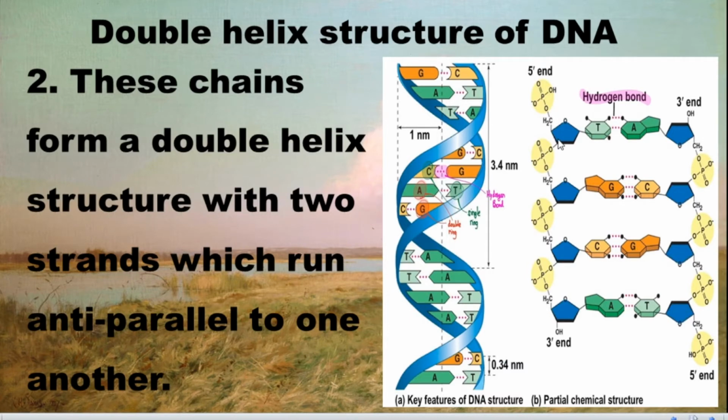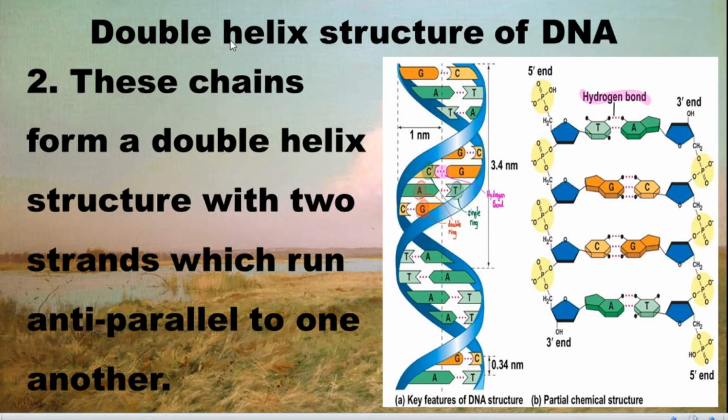Watson and Crick gave the structure of the DNA as a double helical shape. Helical is nothing but a coil. We can take a turn: at a certain area, it coils or turns.